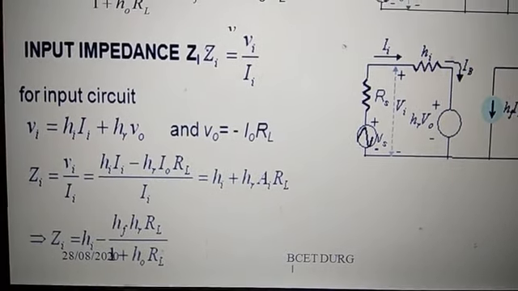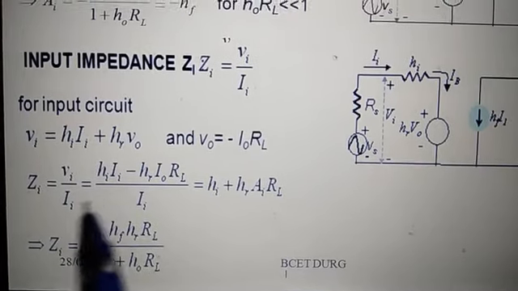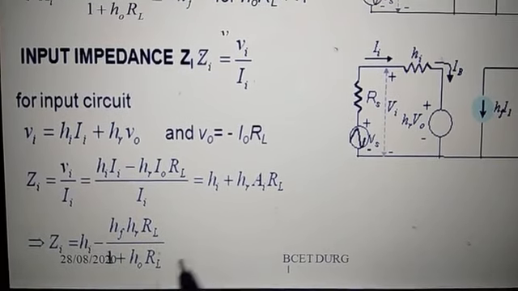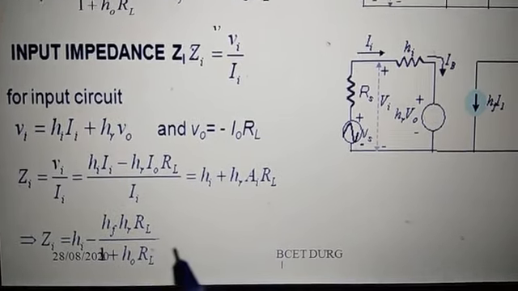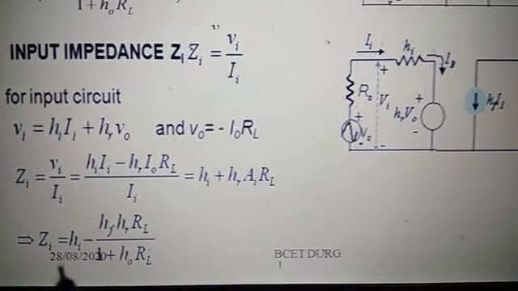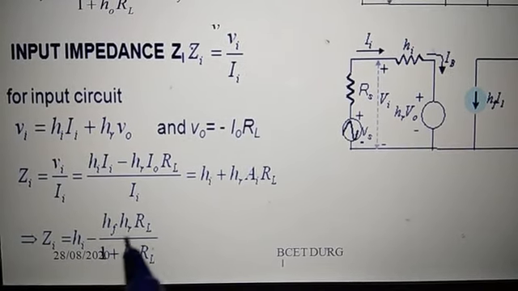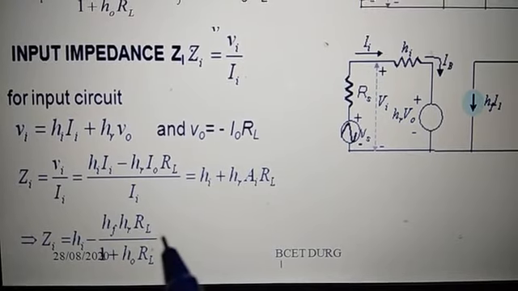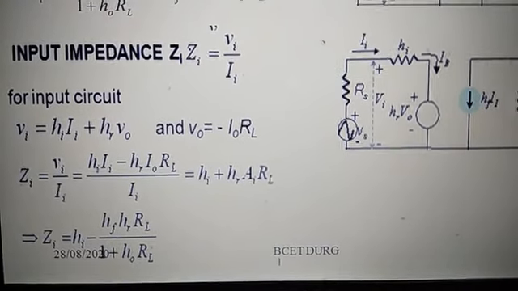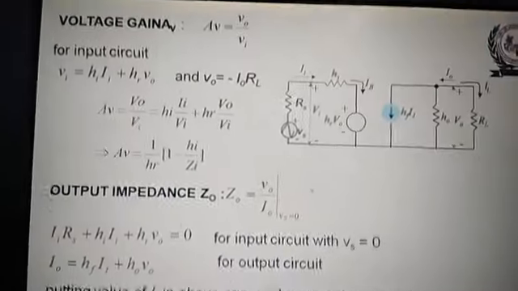So this is the general form of input impedance, or you can say it is a formula for the input impedance in terms of the H parameters. That is, ZI is equal to HI minus HF into HR into RL upon 1 plus HO into RL.